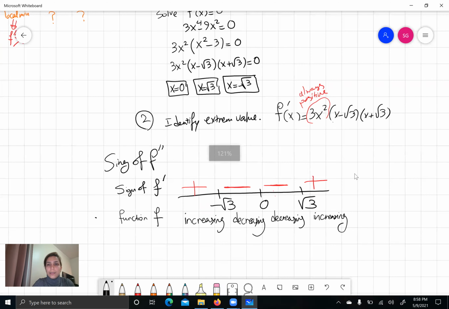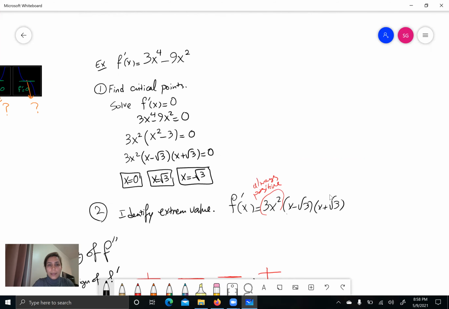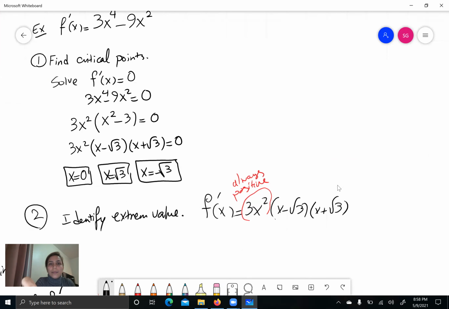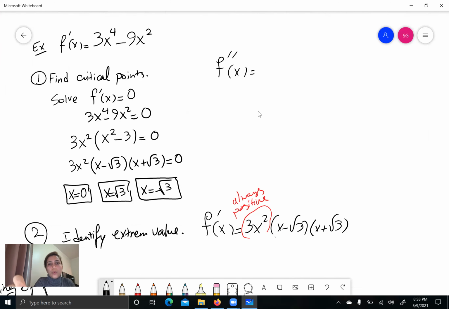The second derivative is going to be 12x to the 3 minus 9 times 2, which is 18, times x. We can factor 6 and x, and this is going to be 2x squared minus 3.